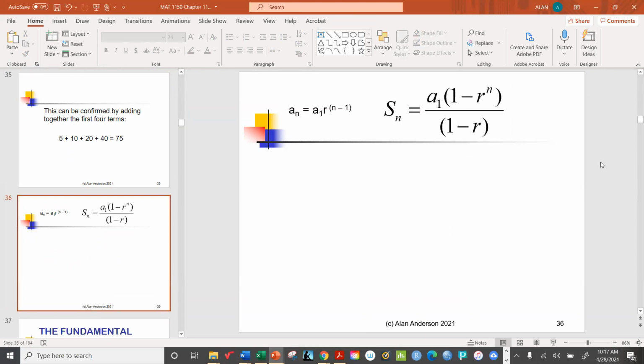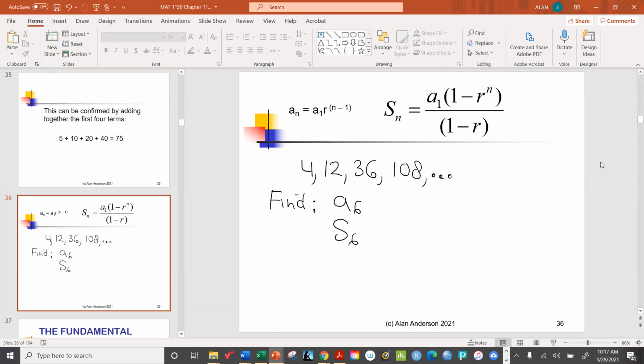Let's say that our sequence is 4, 12, 36, 108. And we want to know A6 and S6. All right, so once you take out the calculator and work on this for a minute, I don't know what the answer is either because I just made this thing up.